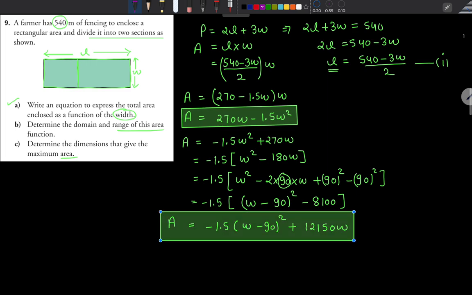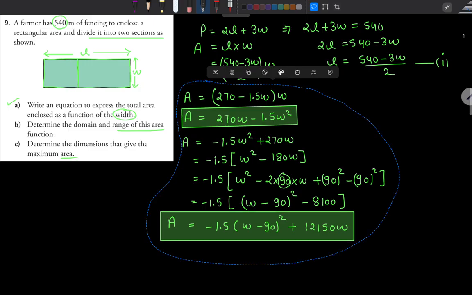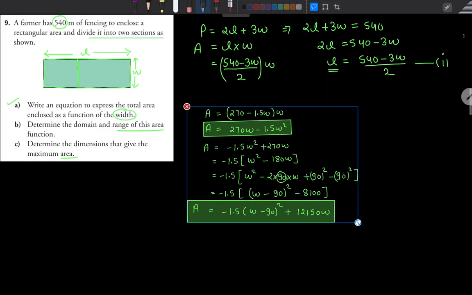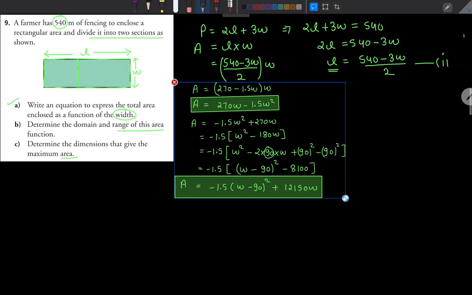As you can see clearly, if we need to plot it, let's make it smaller.